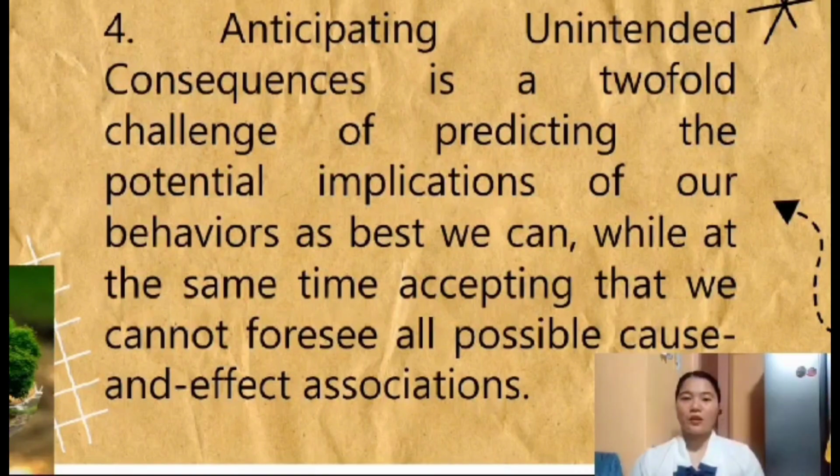So imagine you're playing with a set of dominoes and you set them up in a line, but you cannot predict exactly how they'll fall because it's a bit unpredictable.